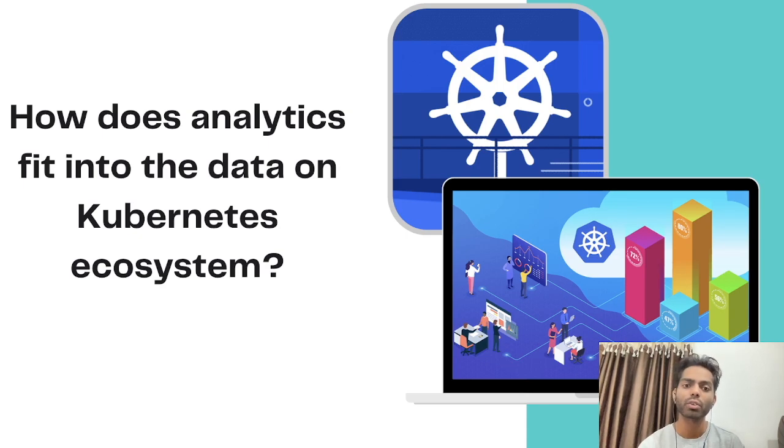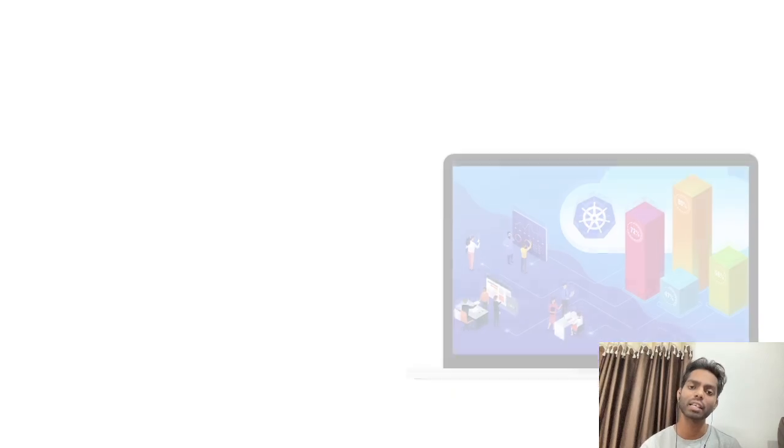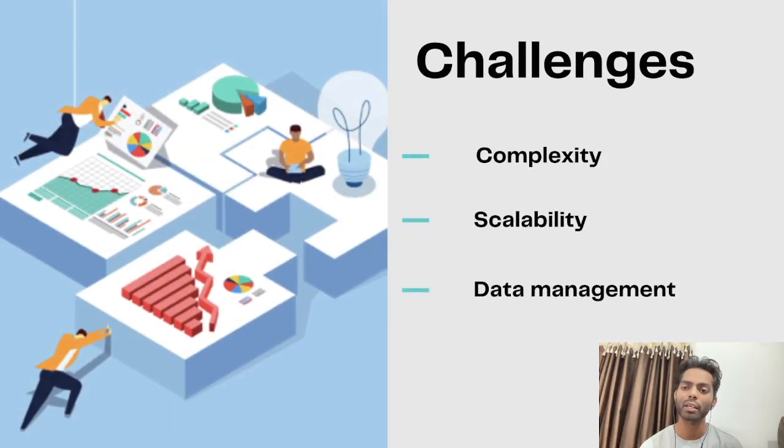So let's talk about some challenges while running real-time analytics on Kubernetes. We have three challenges: scaling, complexity and data management. For complexity, real-time analytics applications can be complex with multiple components and dependencies. Running these applications on Kubernetes requires a good understanding of containerization, networking and Kubernetes itself.